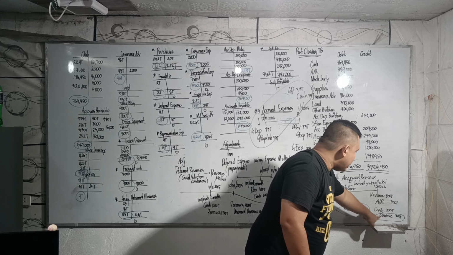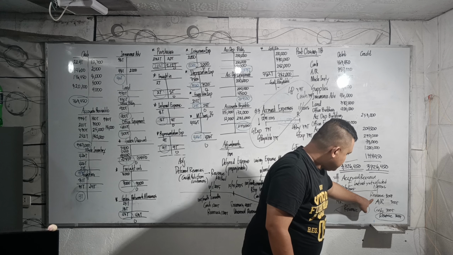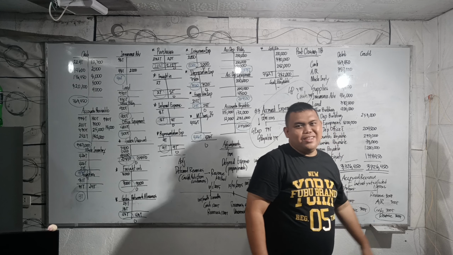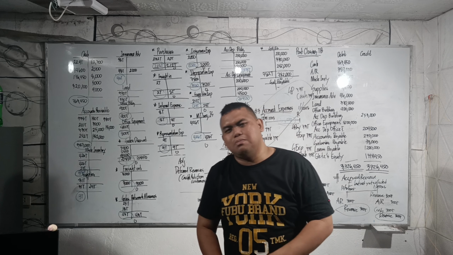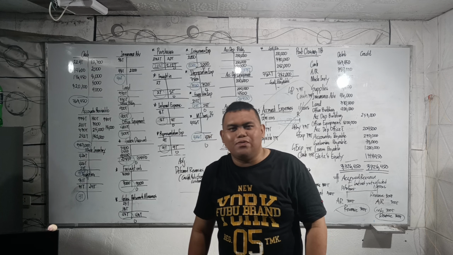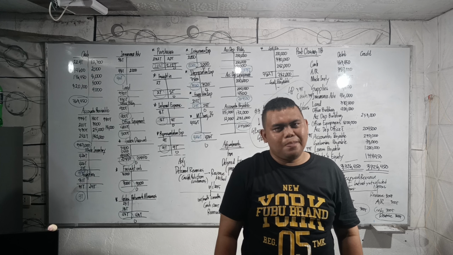However, that recognition has already been negated on January 1, 20x6 by your reversing entry. So it's okay. It's less stress. Alright? So that's the purpose of reversing entries. But if you're confident with your memory, which I guess is not true for all of us, then do not use reversing entries. It's optional.